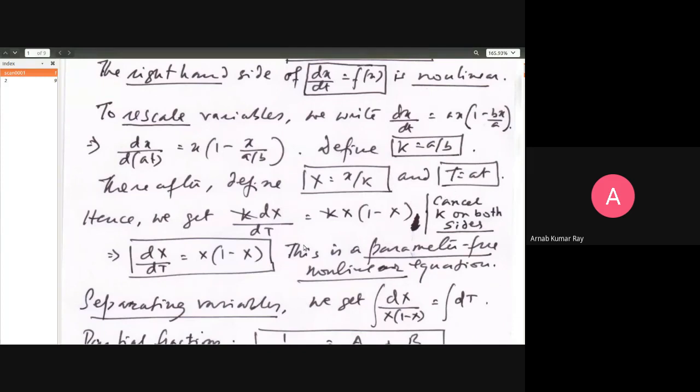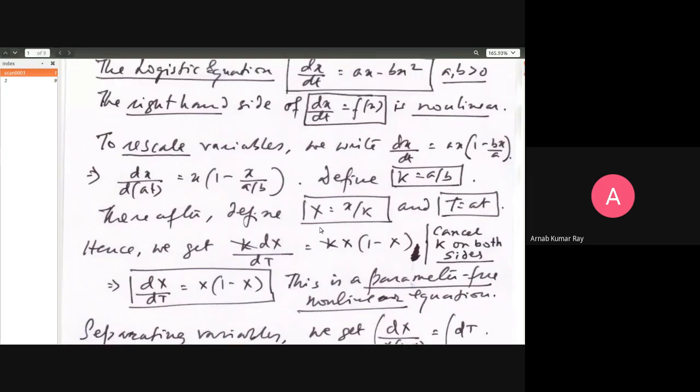Now, what we have done here is capital X is equal to small x by k. So we can write small x is equal to capital X into k here and here also.